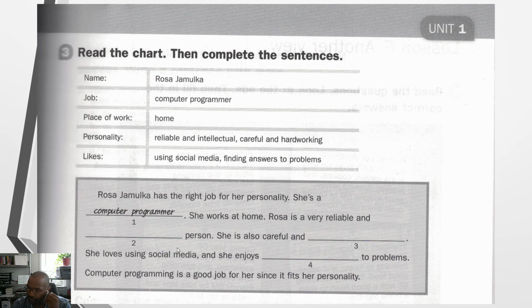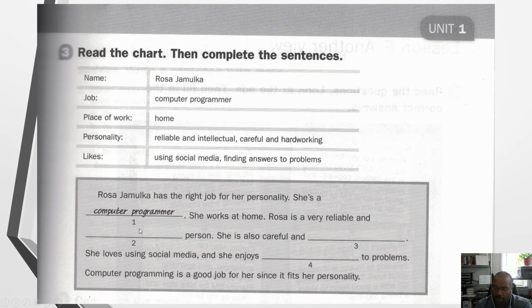That would have helped me. But we're going to move on. All right, so let's read. Let's take some time and read our sentences here and complete them using what we know from this chart. All right, so let's take some time, pause the video, and we'll come back and I'll show you what I put in mine.